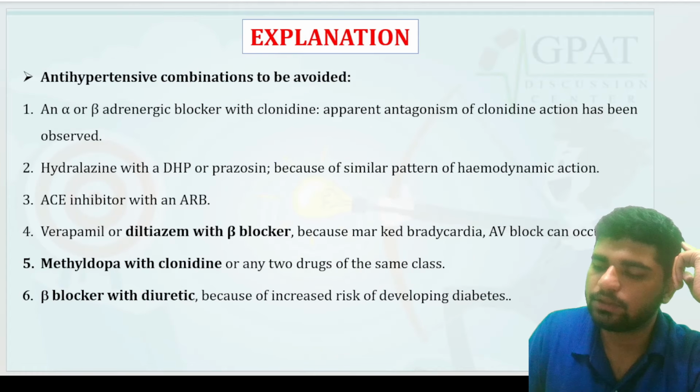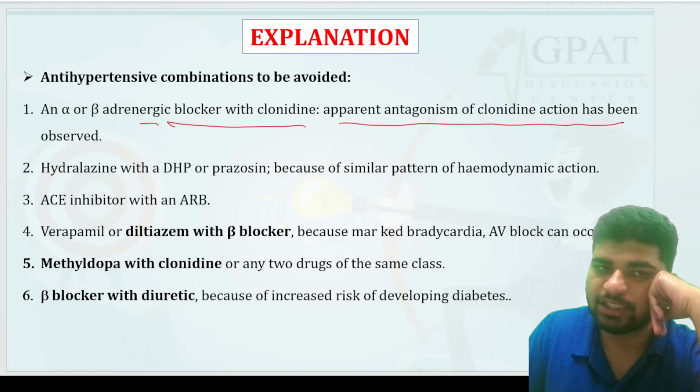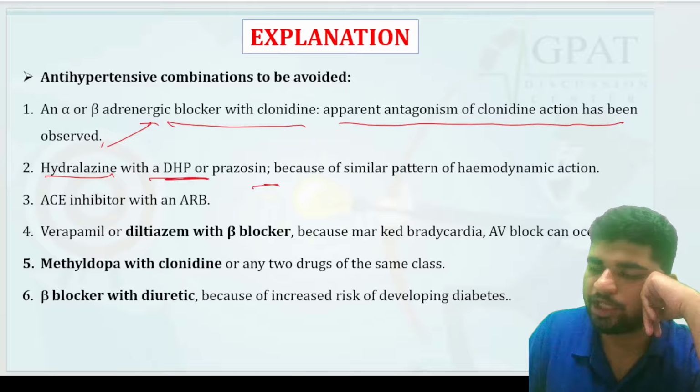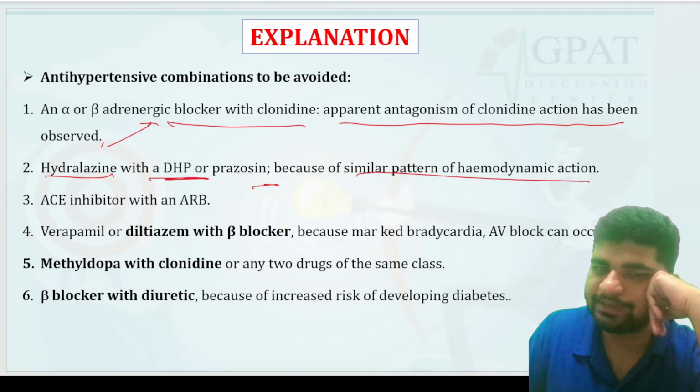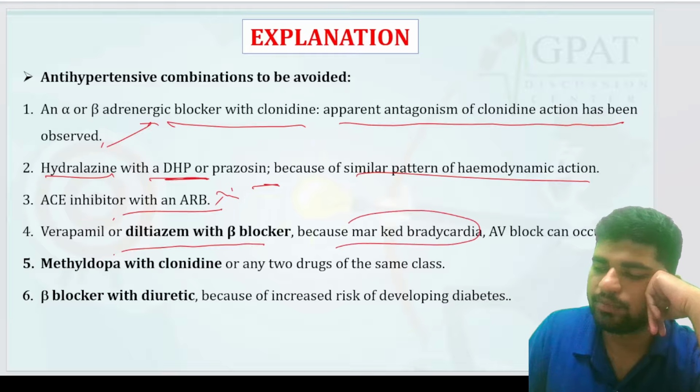Antihypertensive drugs to be avoided: an alpha or beta adrenergic blocker with clonidine, as apparent antagonism of clonidine action has been observed. Hydralazine with a DHP or prazosin because of similar pattern of hemodynamic action. ACE inhibitor with an ARB should also be avoided. Verapamil or diltiazem with beta blocker because there is marked bradycardia and AV block can occur.